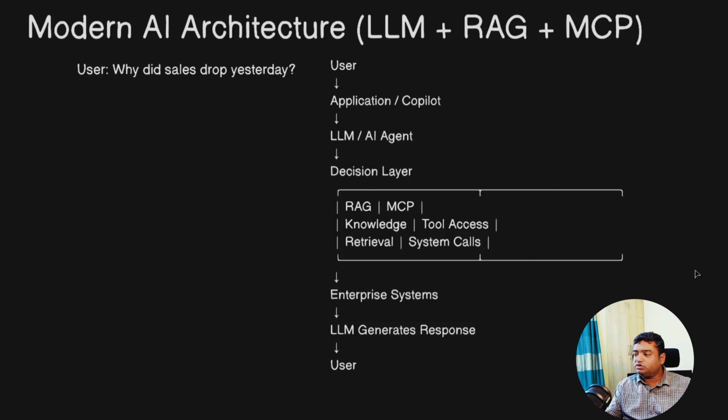It connects to the enterprise system, for example Snowflake, the file system, or any external tool or system. The LLM gets all this input, generates the answer, and gives it to the user. So this is the most effective and most useful GenAI data pipeline currently being used.